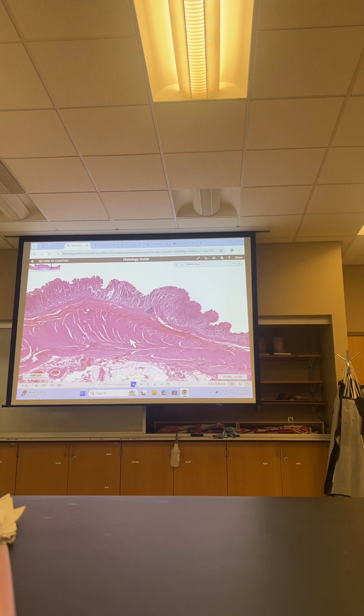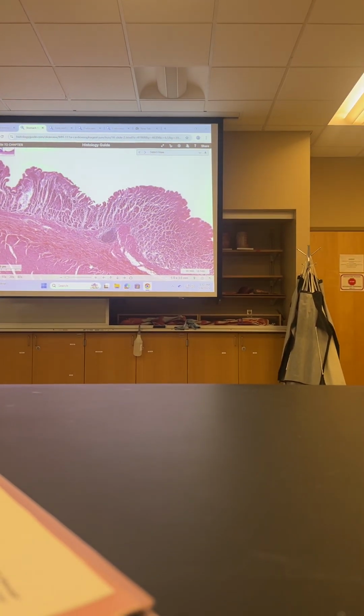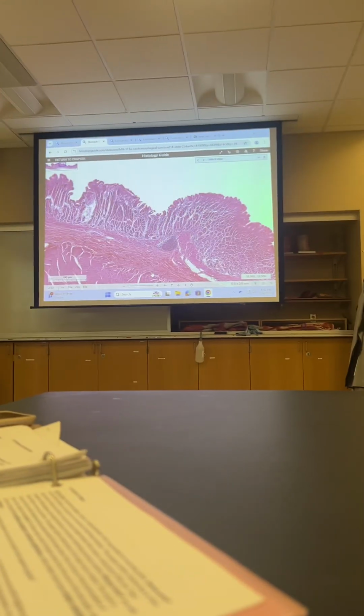All right, stomach also is divided into the mucosa, the submucosa, and so on. So most of these intestinal or digestive structures have a mucosa, submucosa, and then an external muscular layer.